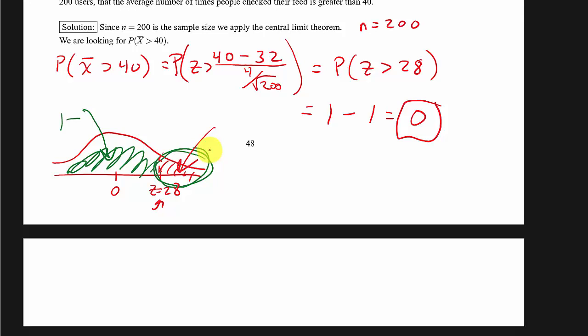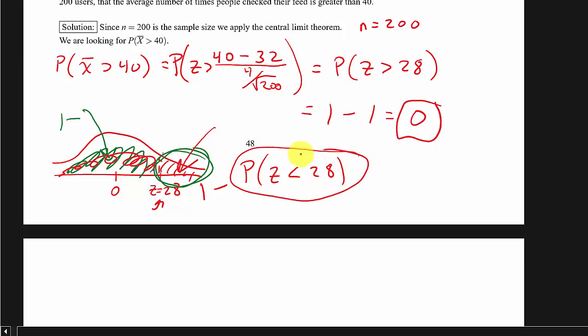If you wanted to see exactly what this was, you could plug in the probability that z is less than 28, because that's what we're doing: 1 minus that. And if you put this into Excel, you would get something close to 1.